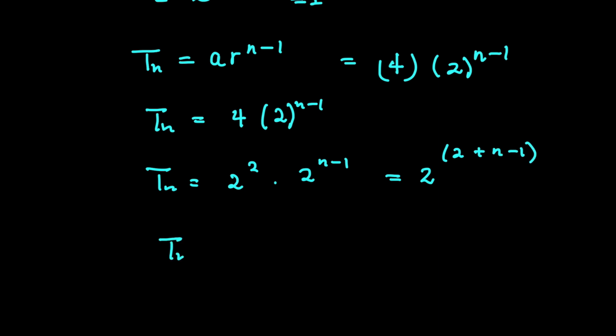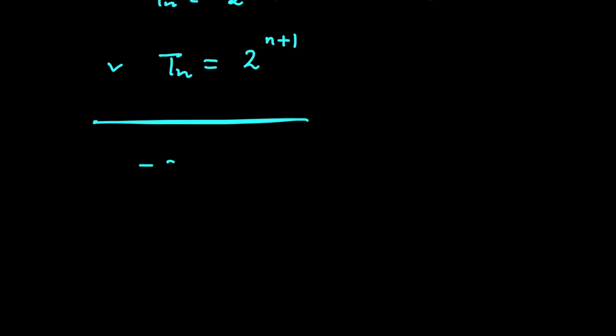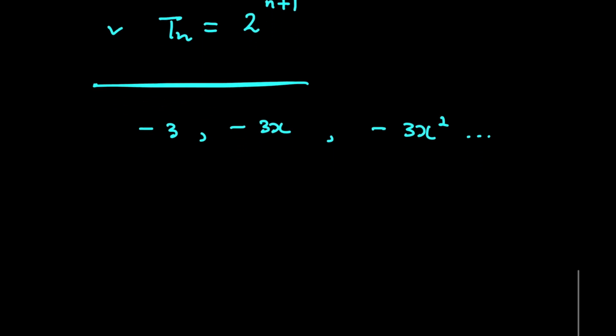So Tn is equal to 2 to the n plus 1. You guys see that? Let's say minus 3x squared. I know this is in terms of x's, but we use the same basics that we've been exposed to.